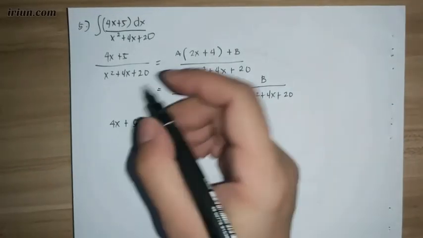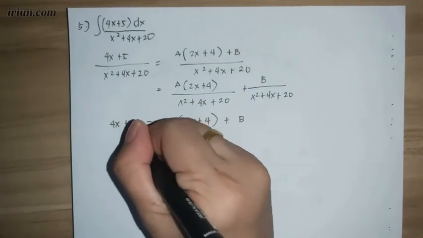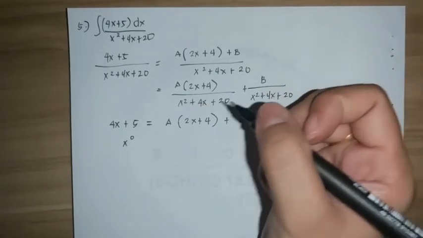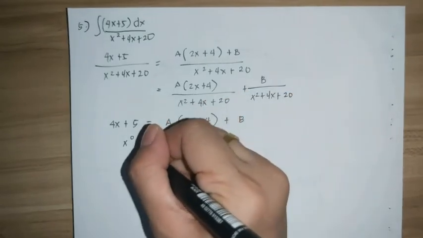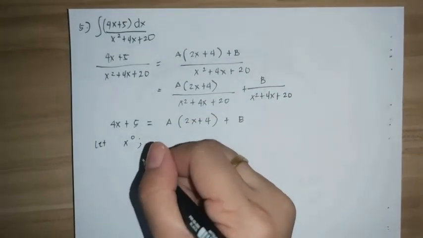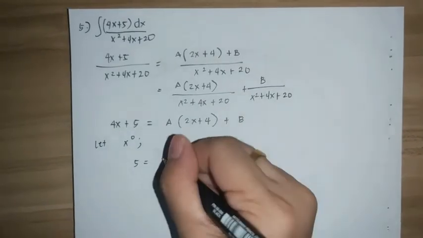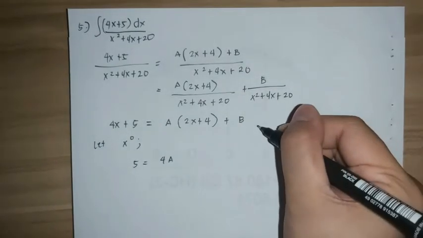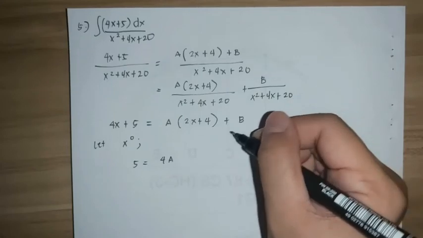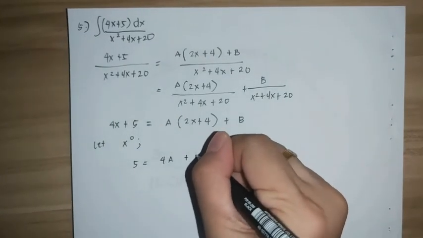Maybe I could use x equals 0. Let x equal 0. We have 5 is equal to 4A plus B.